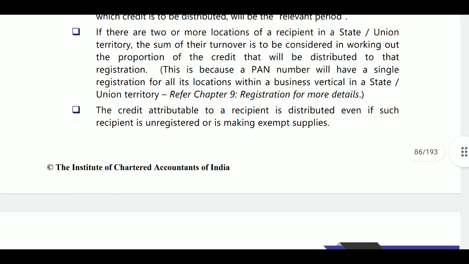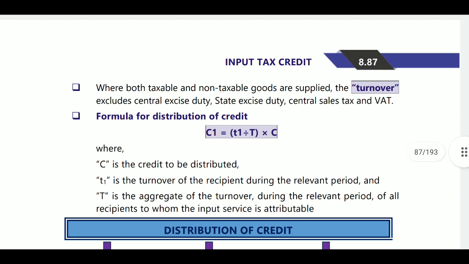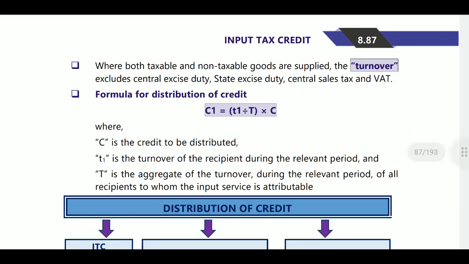Next, the credit attributable to a recipient is distributed even if such recipient is unregistered or is making exempted supplies. Next, where both taxable and non-taxable goods are supplied, the turnover excludes central excise duty, state excise duty, central sales tax and VAT.